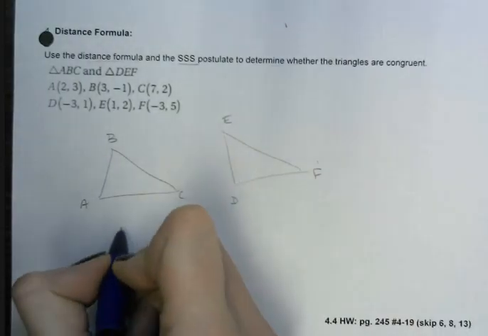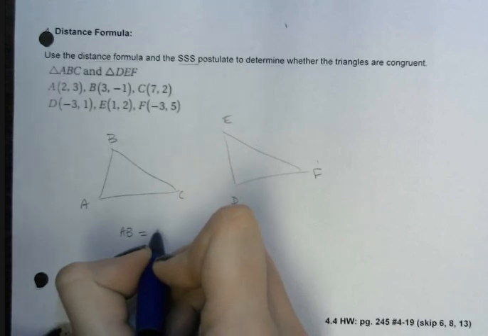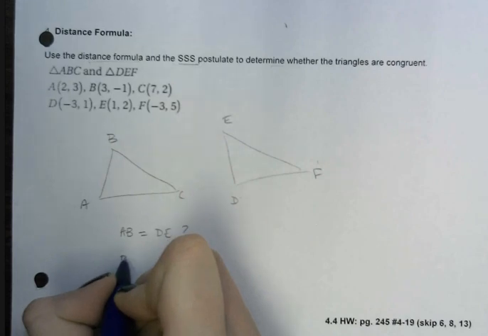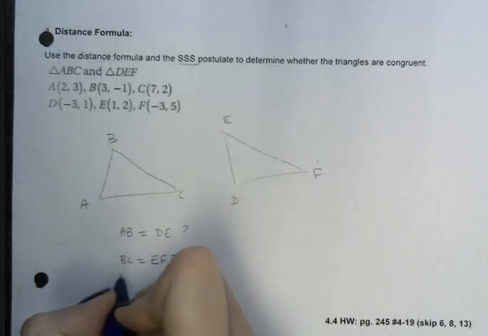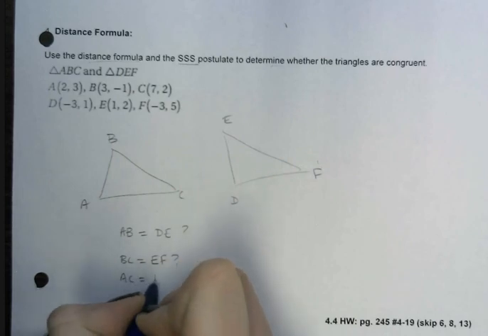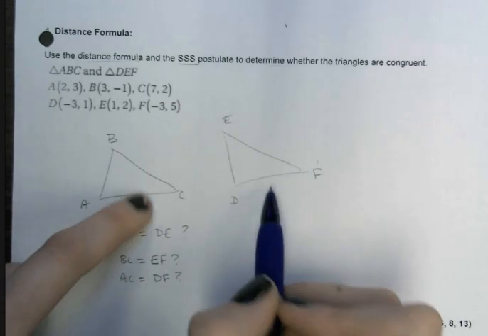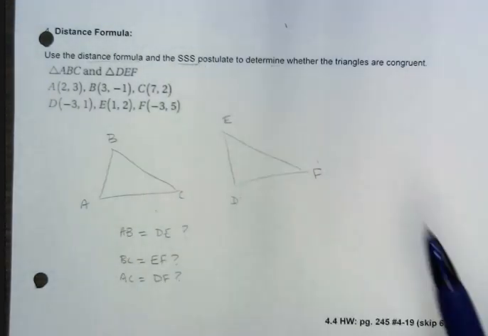I'm asking, is AB equal to DE? Is BC equal to EF? And is AC equal to DF? So I'm asking, are those corresponding sides equal? If they are, then I can say the triangles are congruent using side, side, side.